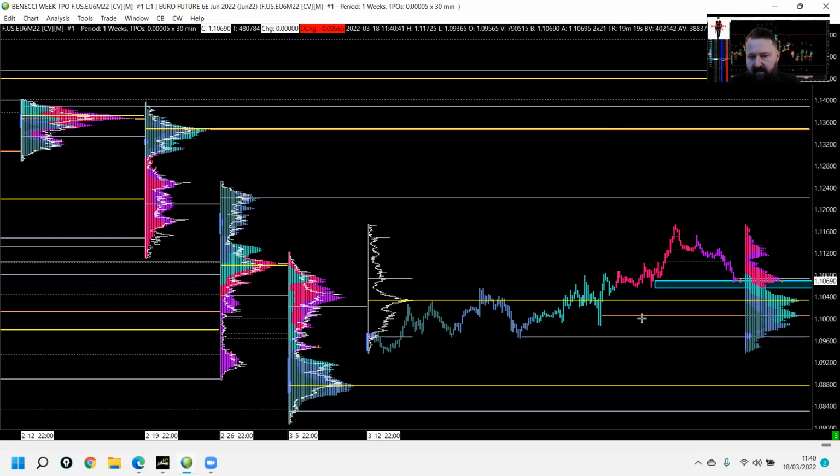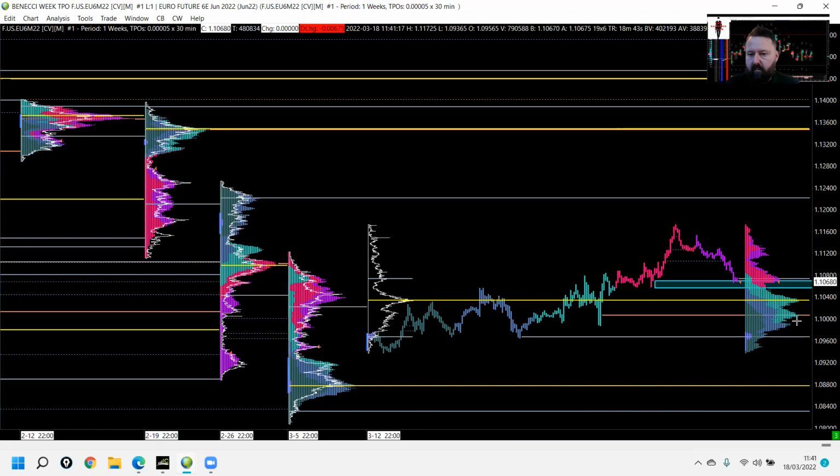Now these yellow lines and orange lines are called points of control. That is where most tradable activity has taken place. If we look at the market profile, which is time based, this orange line is the point of control for the market profile, and this means most time was spent at this price in this week.